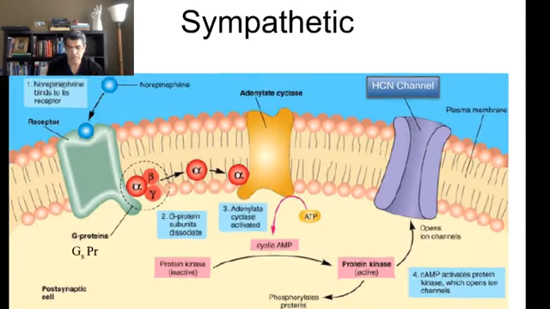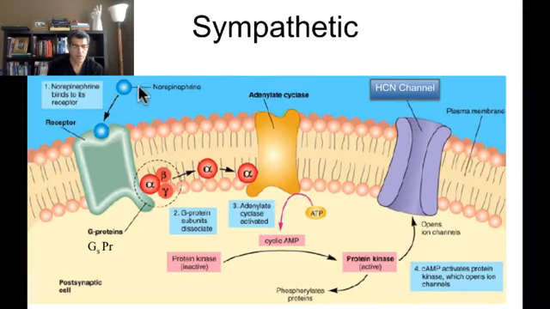Here is the slide that you have seen before. Remember, when norepinephrine or epinephrine sits on the receptor, the G protein, which is called GS protein, is going to break up. The alpha unit is going to activate adenylyl cyclase, or adenylate cyclase. This enzyme is going to break down ATP to cyclic AMP. Cyclic AMP is going to activate protein kinase, and protein kinase is going to open this channel.